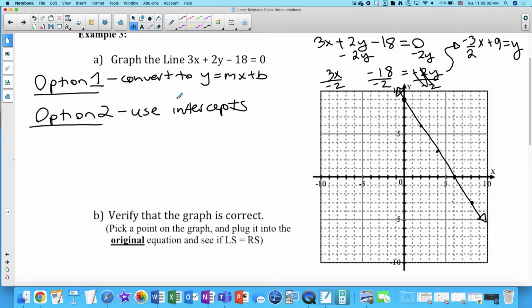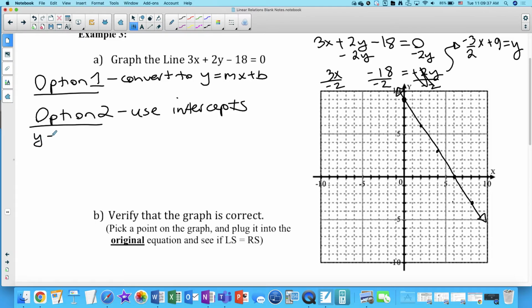What that relies on is that when you are at an intercept, you know one of the two coordinates, right? So if you're on the y-axis, the y-intercept, x is 0. And if you're on the x-axis, y is 0. And if you can even just plot those 2 points, you connect them, you've got your line. Okay? The reason why I like this strategy is because I can usually figure them out in my head. Not always, but often. And I'll show you what I mean by that.